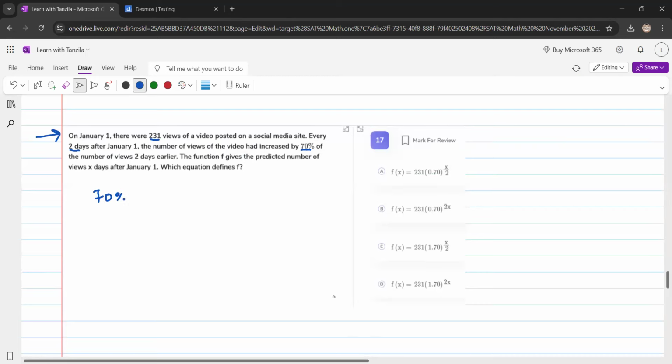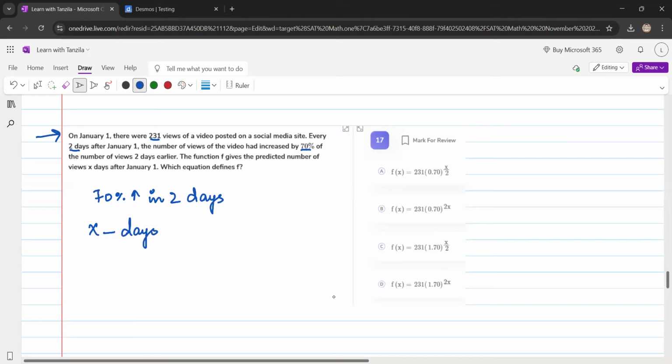So, a 70% increase in 2 days of the number of views 2 days earlier. The function f gives the predicted number of views x days after January 1. Which equation defines f(x)?